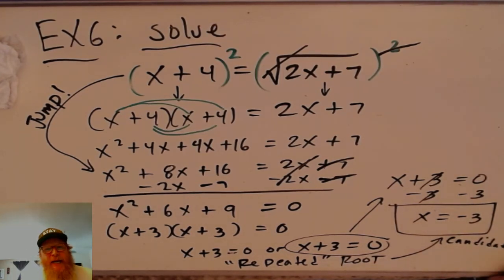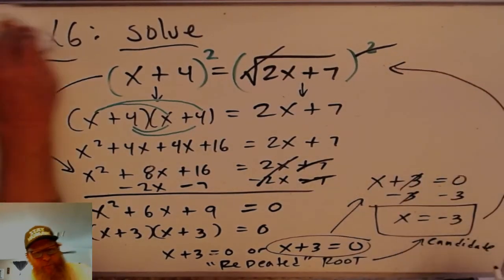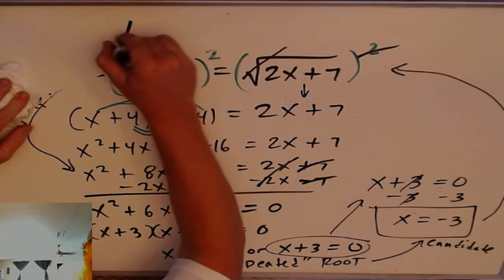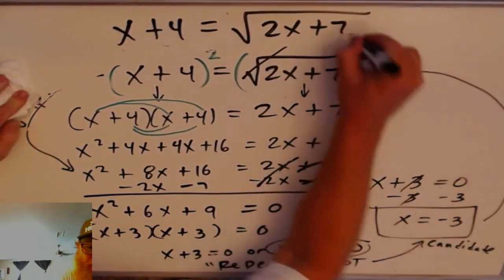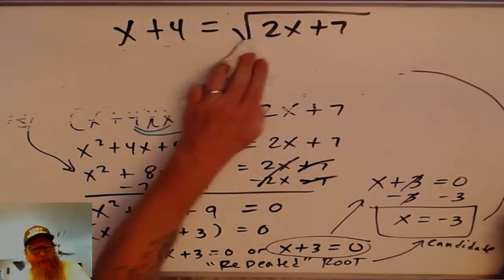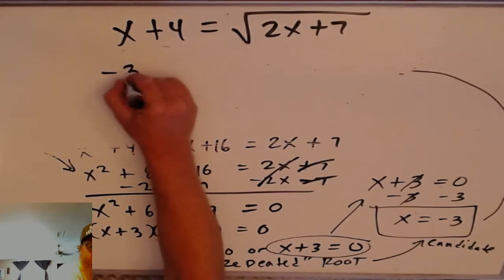Okay, that's our candidate. Let's go ahead and test it. X plus 4 equals the square root of 2x plus 7. Test it out, make sure it works. What's our candidate? -3.